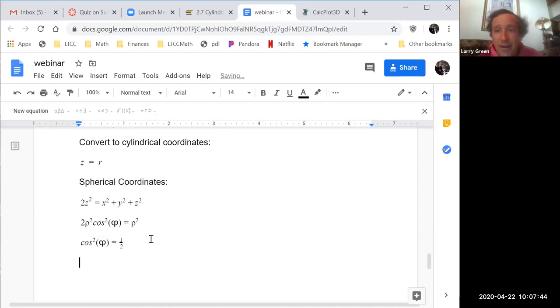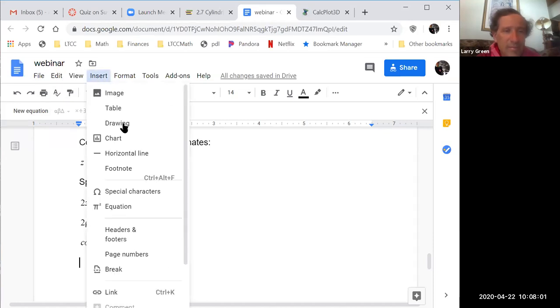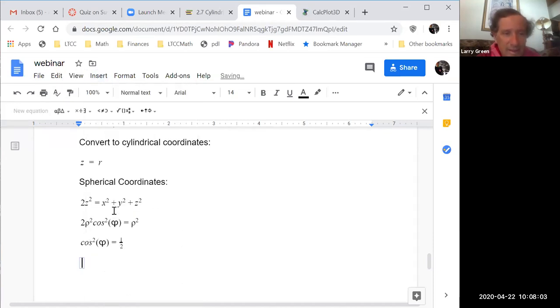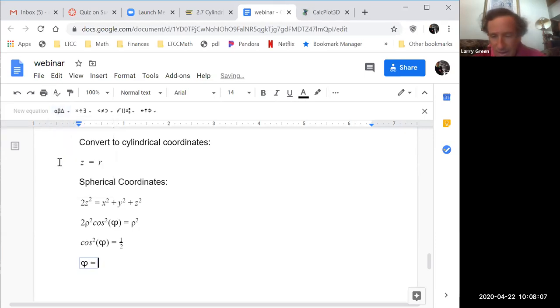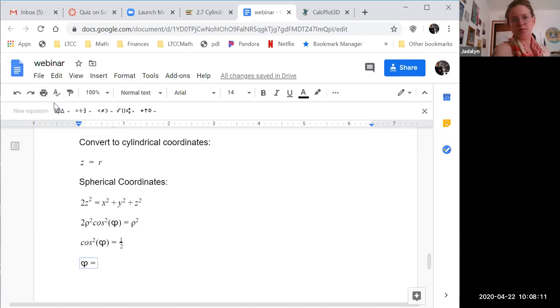But I could do even better than that. I could take a square root of both sides, and I could take an arc cosine. When is the cosine of phi equal to 1 over root 2, or root 2 over 2? Pi over 4. Exactly, phi equals pi over 4.